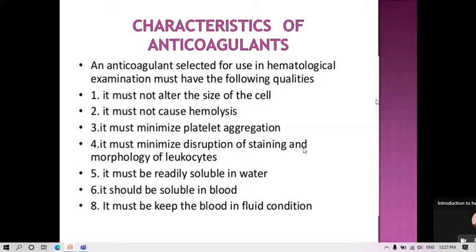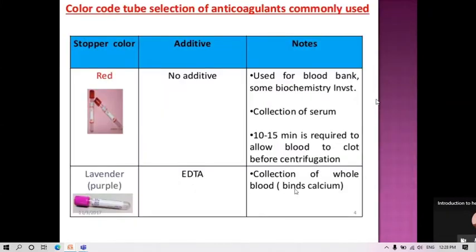The second most important one is the lavender or purple cap tube, which contains EDTA. This EDTA is a calcium chelator, and it is for the collection of whole blood.